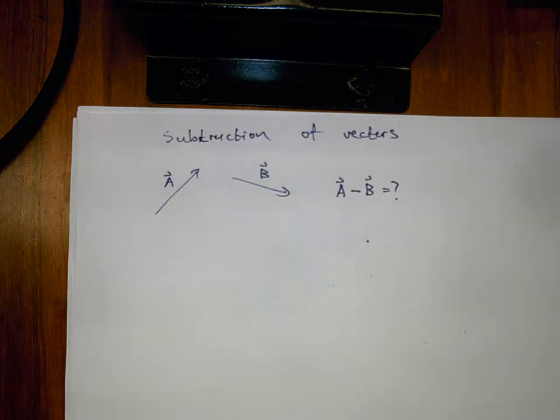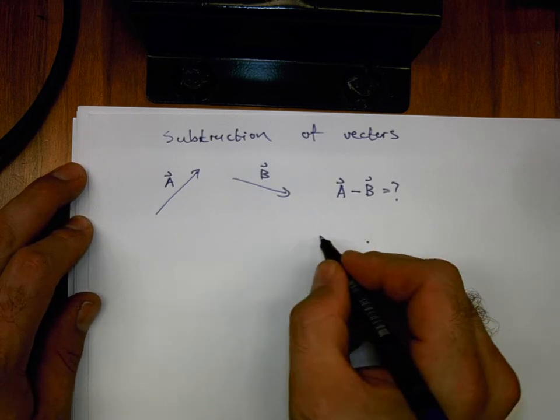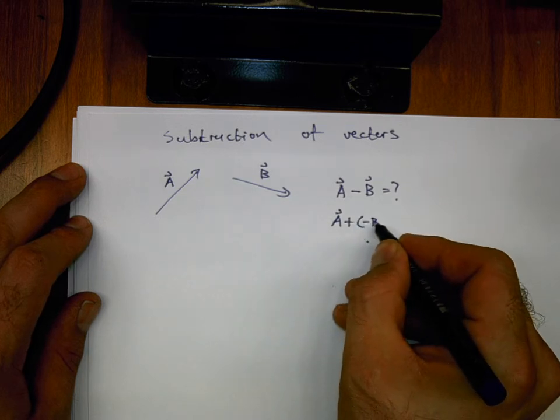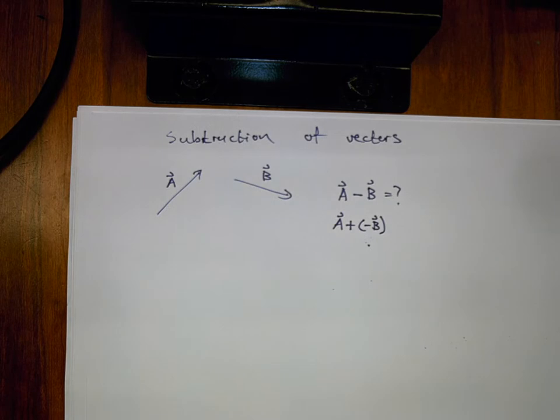We know how to add vectors, we know how to make vectors negative. So I can write this as A plus the negative of B. Right, so I haven't really changed anything. If I want to calculate what is 4 minus 2, I can say it's 4 plus minus 2.